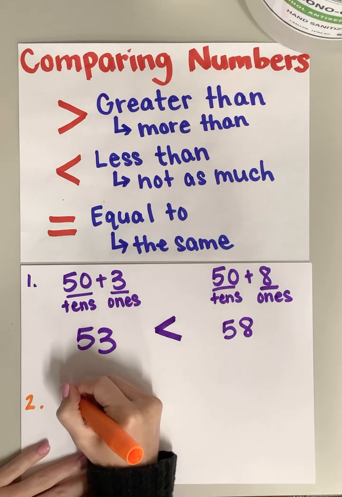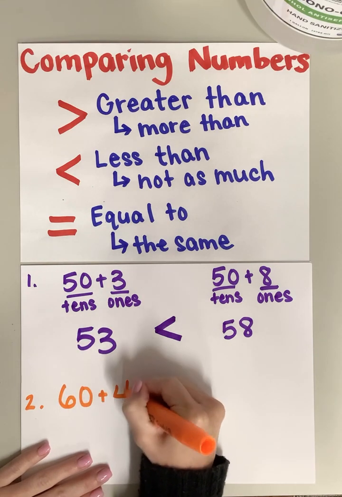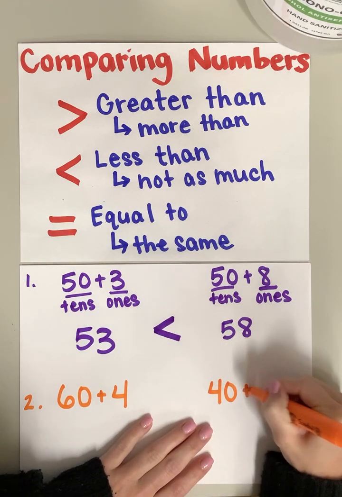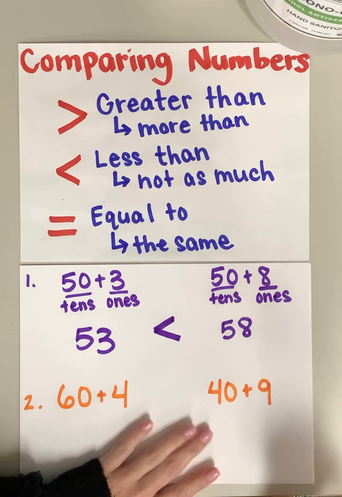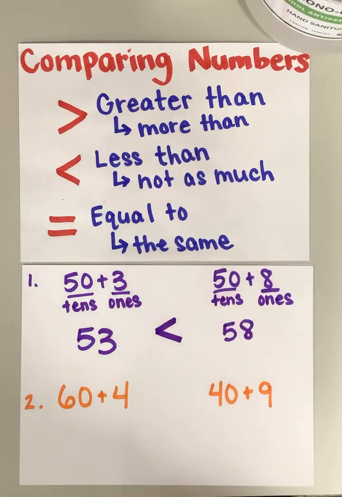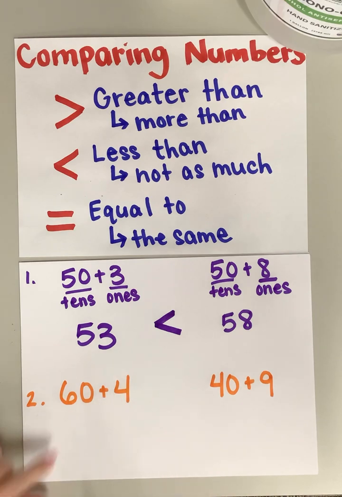If I have this expanded form representation of a number and this one, we need to first figure out what these two numbers are, and then we can compare them. So let's look at the first one, 60 plus 4.